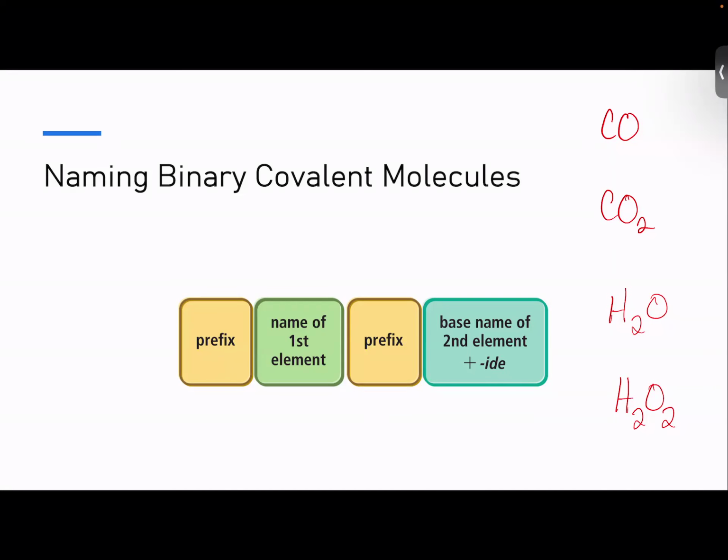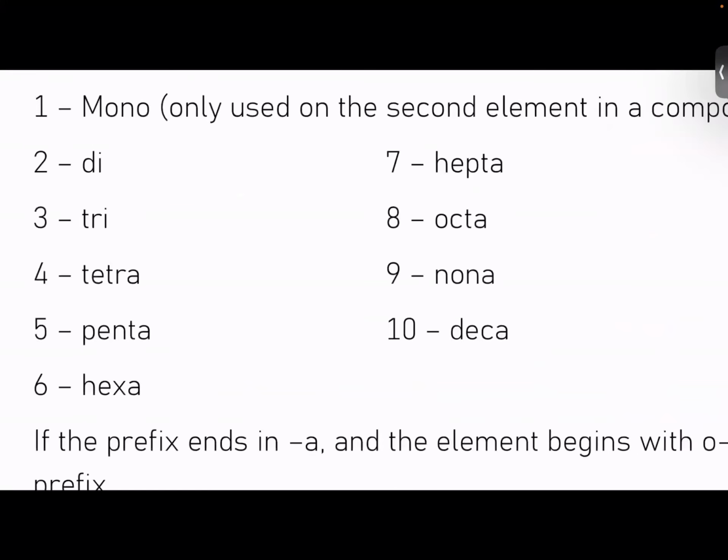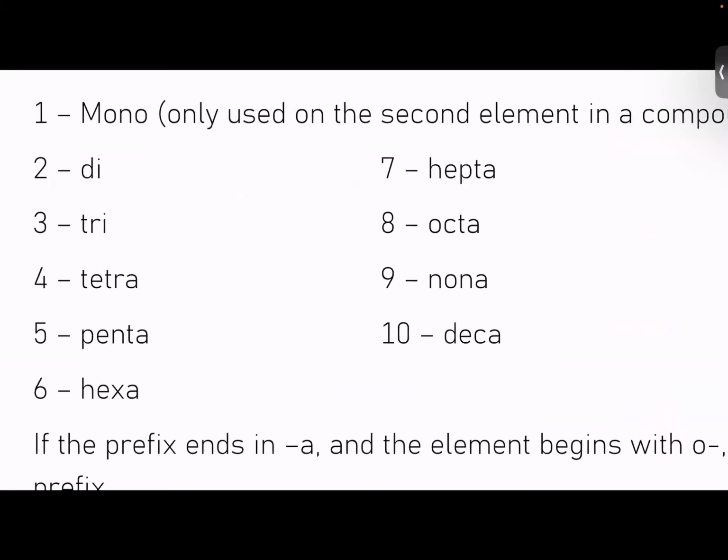So the first thing we need to do is determine what these prefixes are. If you have only one of an element, the prefix is known as mono. Now we only use the prefix mono for the second element in a binary covalent molecule.